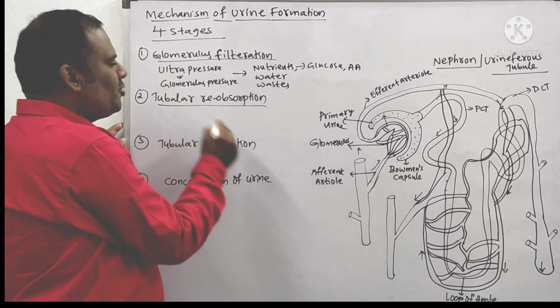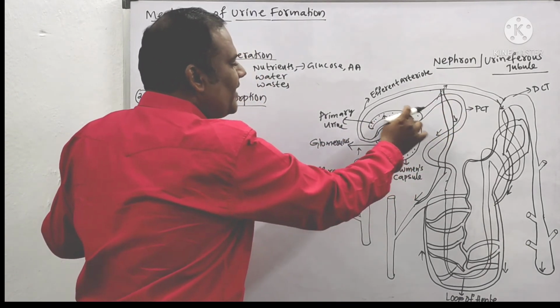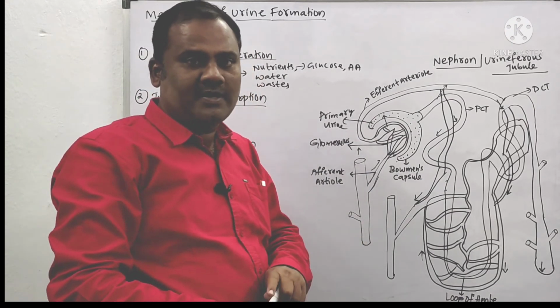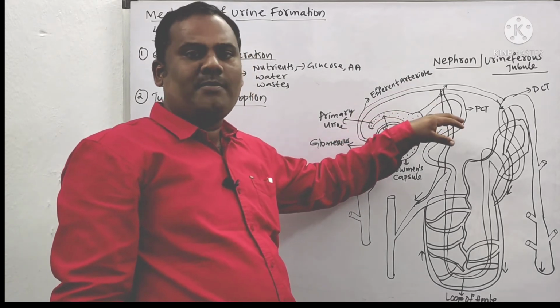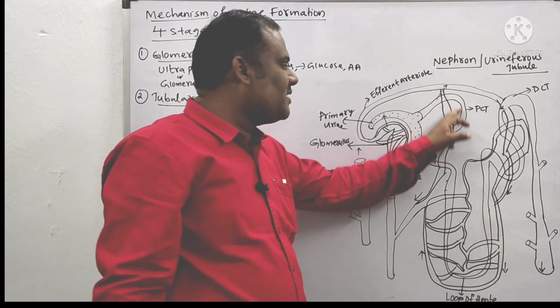Okay. And in the tubular reabsorption, what will happen? While this primary urine is passing on, in this also useful molecules are present. In the blood also useful molecules are present. So as primary urine is similar to blood, the same useful molecules present in this primary urine will be reabsorbed by this PCT.